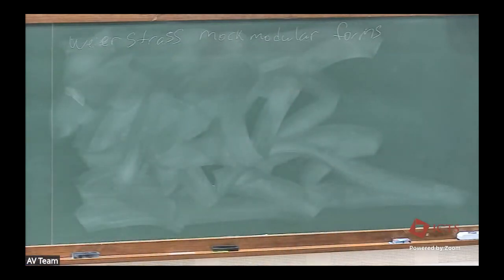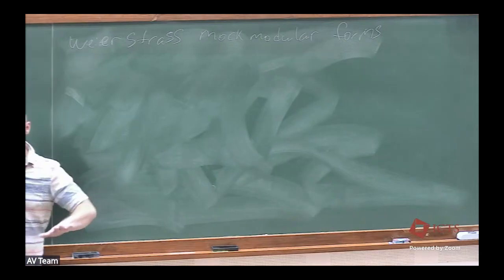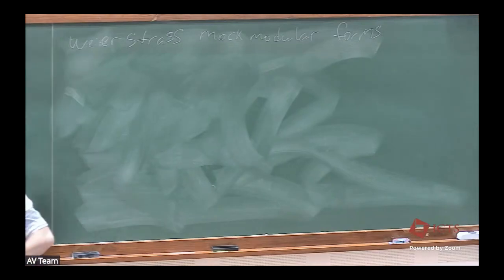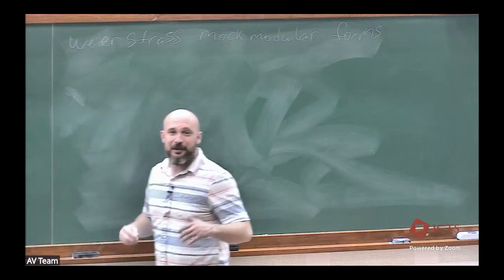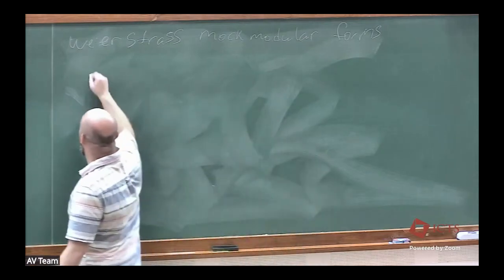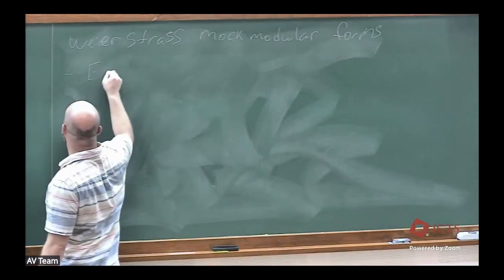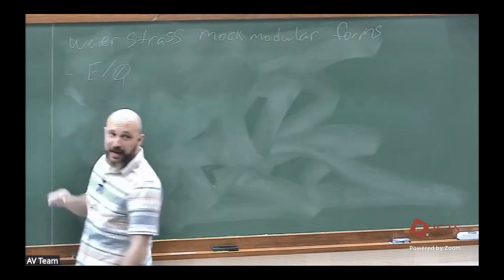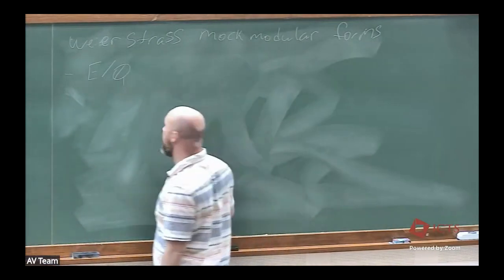And these come from the theory of elliptic curves. Okay, so I'm going to really quickly review elliptic curves. I'm going to assume a certain amount of familiarity. If you don't, please feel free to raise your hand and ask questions. But I'm assuming that I have an elliptic curve with a rational equation, okay?